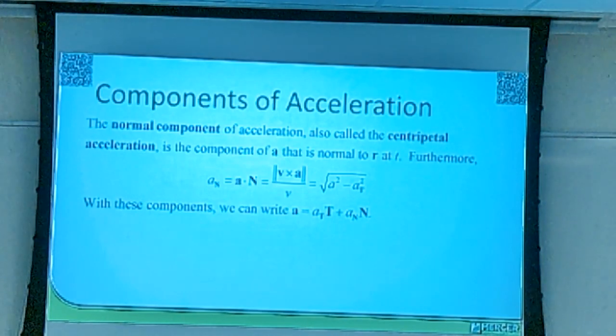Something interesting about the perpendicular component, also known as centripetal: it always points in to the center of the curve. So when you're going around a bend, your centripetal acceleration is always in towards the center of the curve. Tangential is just if you keep going straight.